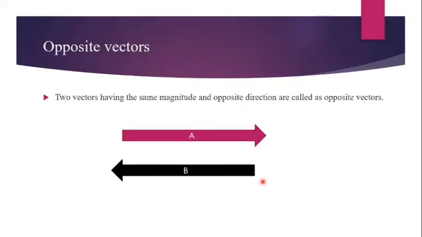Such two vectors are called opposite vectors, and we can write A vector is equal to negative of B vector. Two vectors having the same magnitude and opposite directions are known as opposite vectors.